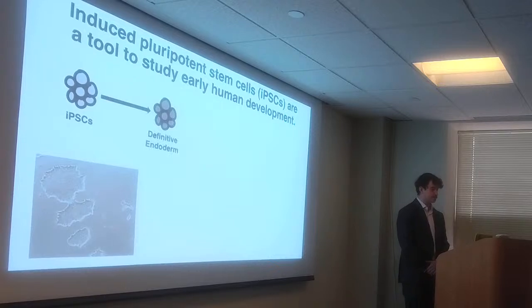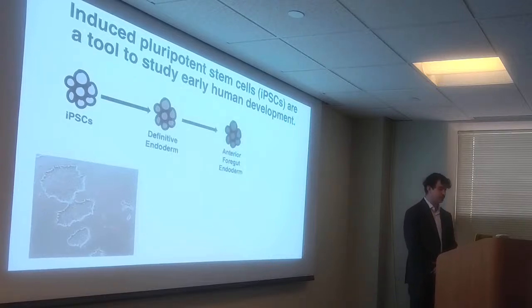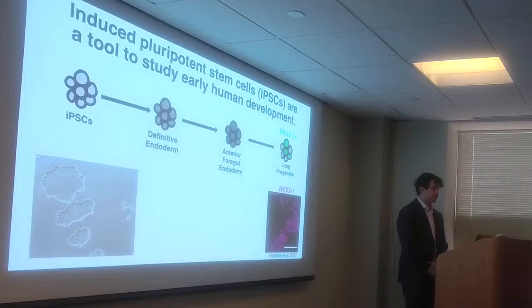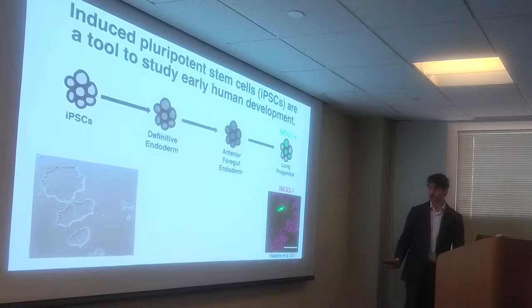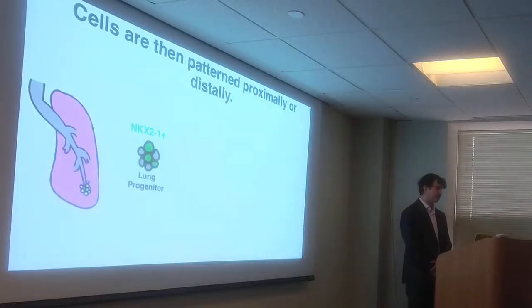So this includes gastrulation and gut-tube patterning, and ultimately giving rise to an NKX2-1 positive lung progenitor, which is the first lung cell type that emerges in development. And you can see here in our cultures, we begin to see upregulation of NKX2-1. From here, the cells have a very important decision to make, and that is, will they become airway or alveolus?